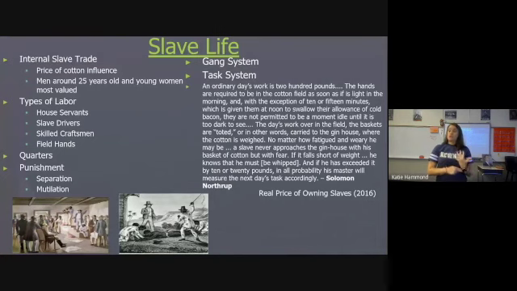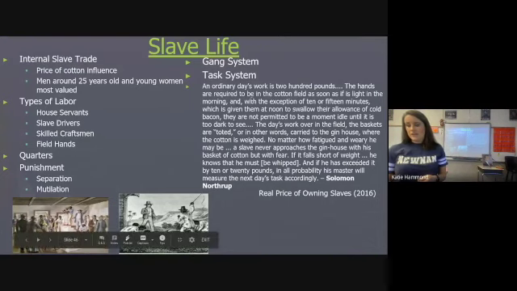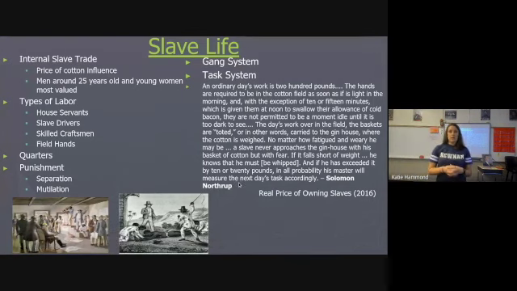If you didn't produce enough cotton when you went to the cotton gin building to get it weighed, you could be whipped. And there's Solomon Northup, who talked about that. He was actually a free man living in the North, a tailor. And because of the Fugitive Slave Act.